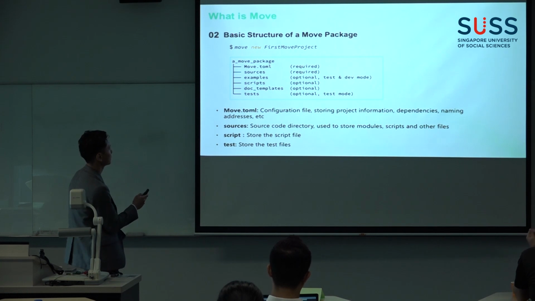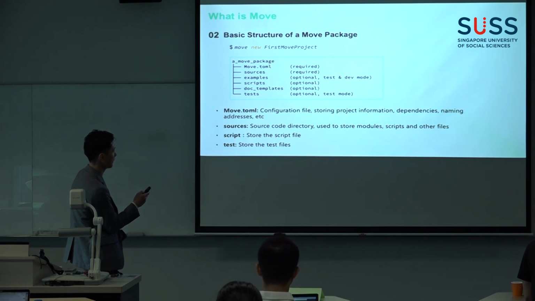The script directory is optional. You can put script files inside the sources if you want. The examples directory is also optional. It's frequently used in test and dev mode. The templates directory is optional. And the tests directory is obviously optional because we only use it in test mode.